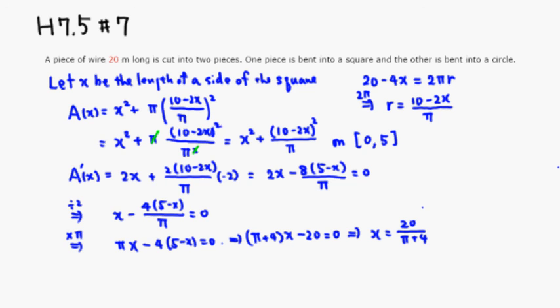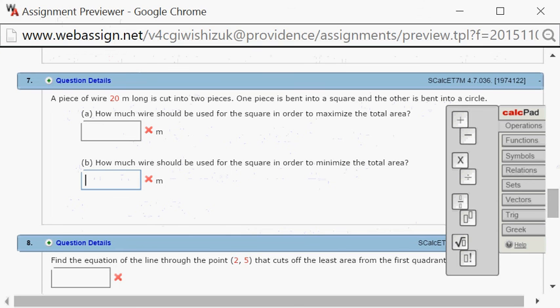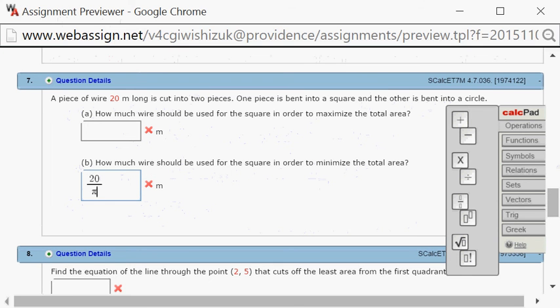This is a critical number, and this is going to give you the minimum. So let's answer that first. How much should be used? It's going to be 20 pi over pi plus 4.